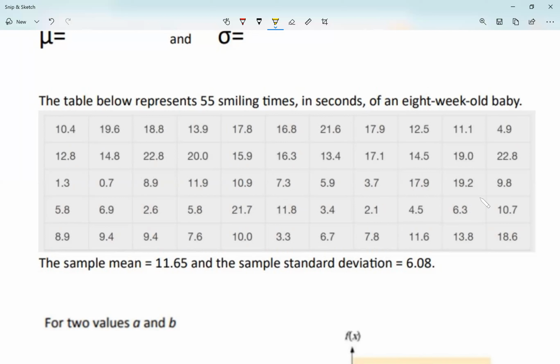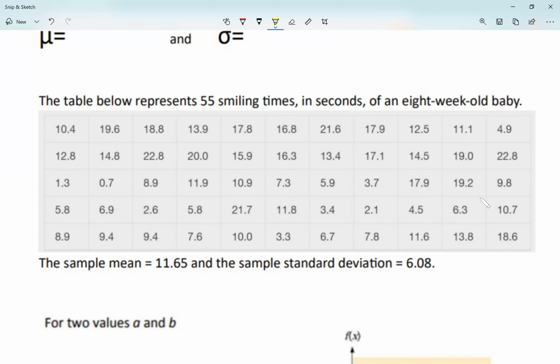The sample mean, there's a difference. I will add all of these and divide it by 56, not 55, 56. It's always one more than how many you have. When we have a sample mean, it's a little bit different than the mean.